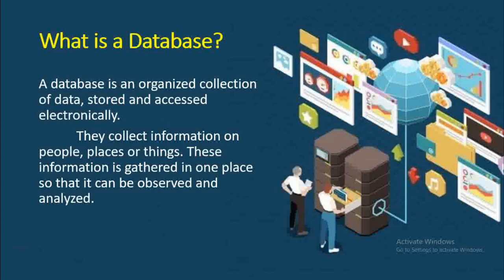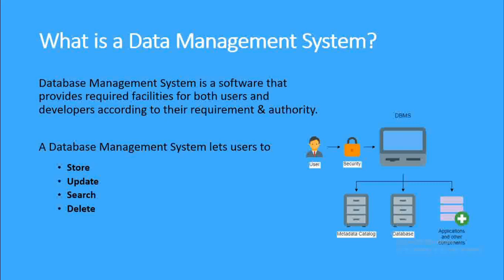For example, pictures in your Facebook or Instagram, or comments or videos are all stored in databases, and you can see them, edit them, or delete them, or you can make comments and make replies. All this data is stored in databases. So now we know what a database is.